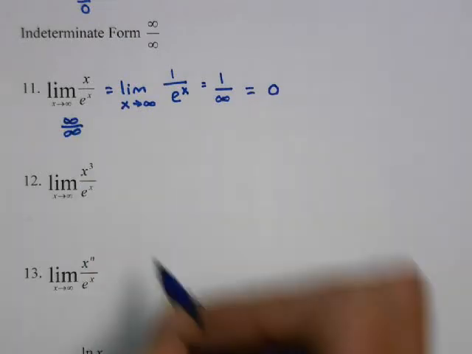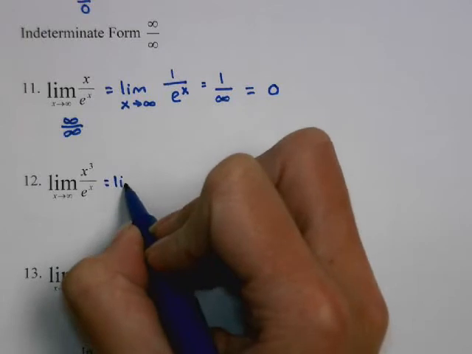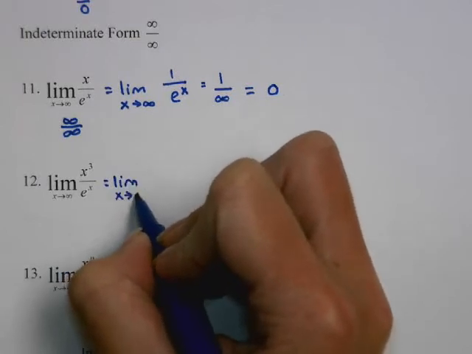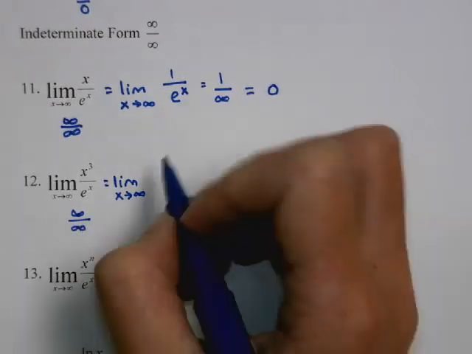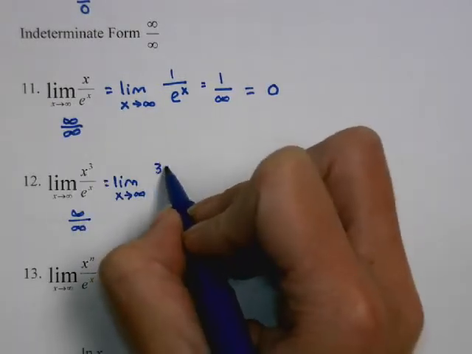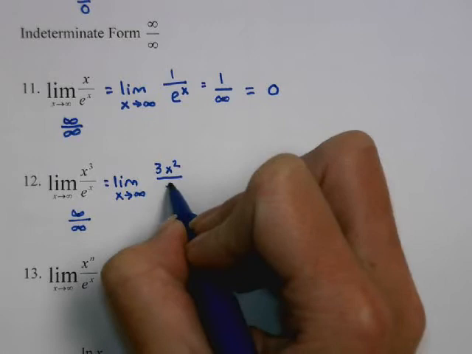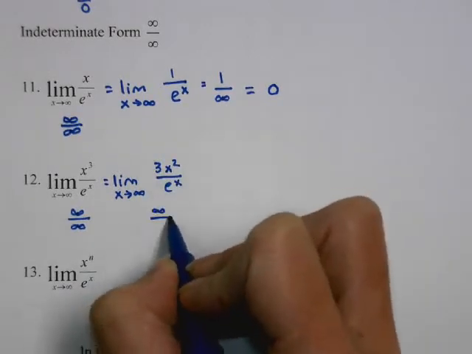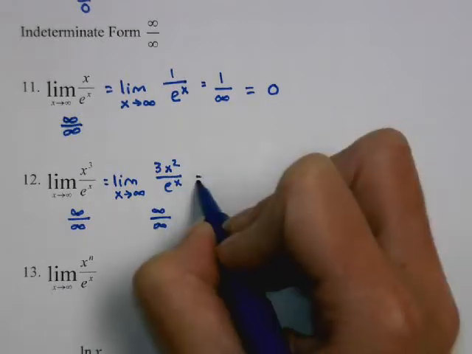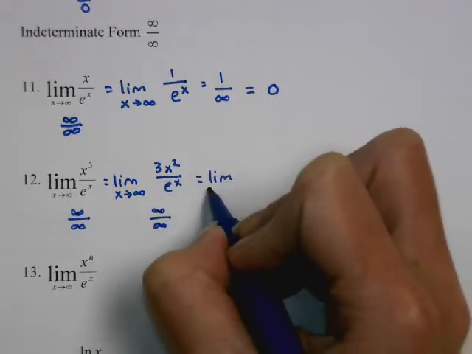Okay, what about x cubed? We still have infinity over infinity, so we can take the derivative, so this will be 3x squared over e to the x. Well, that's still infinity over infinity. So we'll do L'Hopital's again.